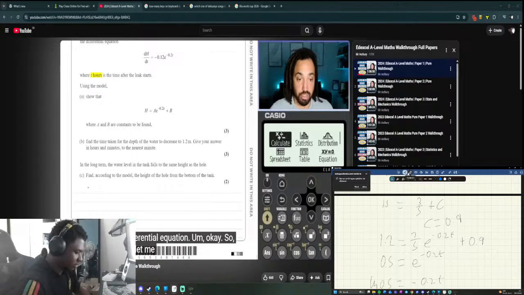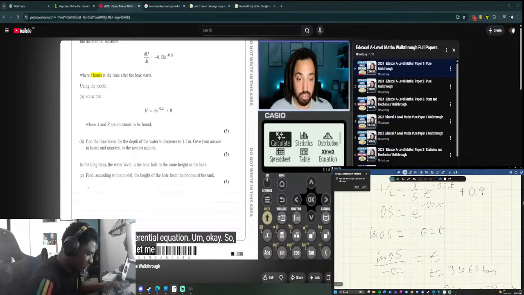so if I have 3 over 5 e to the power of minus 0.2 times a big number plus 0.9, it's going to give me 9 over 10, 0.9. Okay, so the height is 0.9.